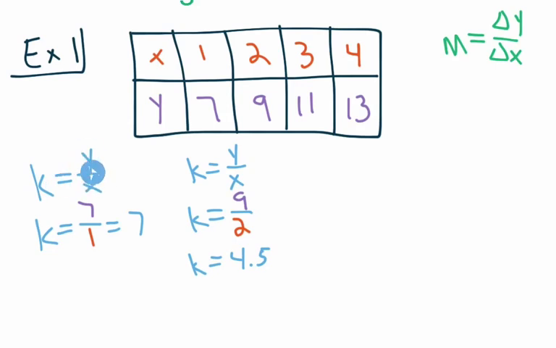In this blue formula, we're just looking at the y values and the x values. With this green formula, we're looking at how the x values and y values change. If we look at the x values, we see that we're adding 1 each time, and for the y values, we're adding 2 each time.